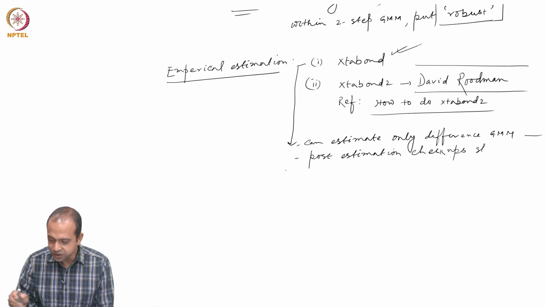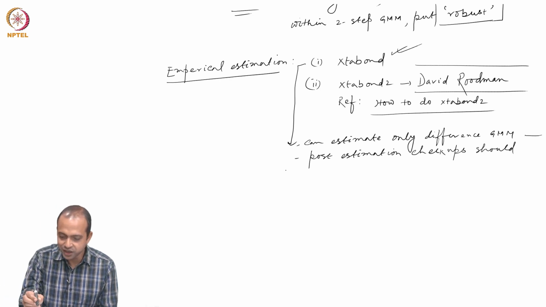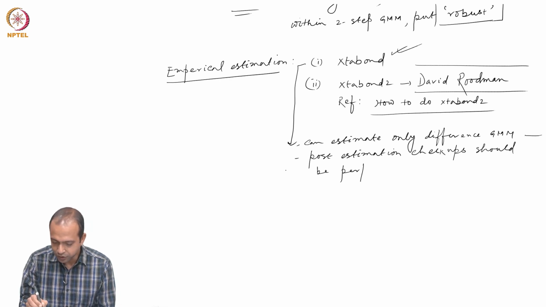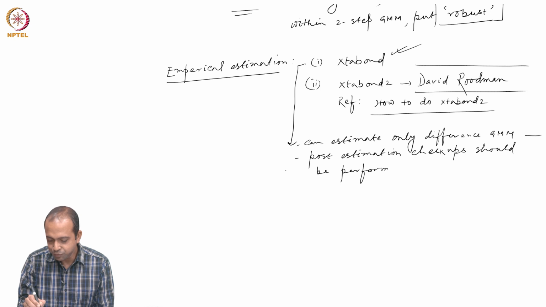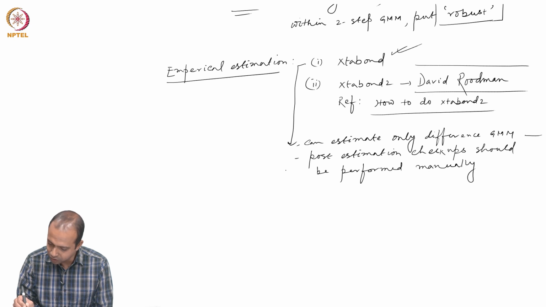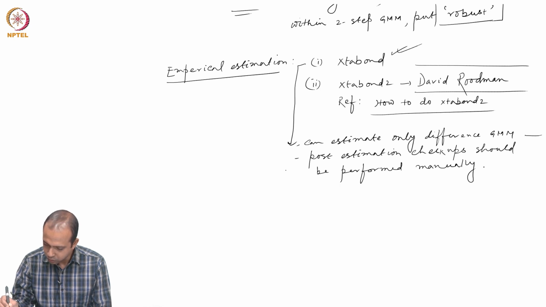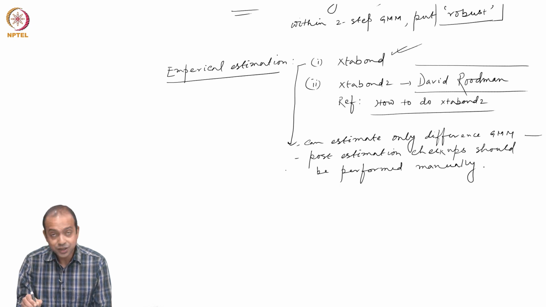AR2 should not be there, AR1 should be there, and over-identifying restrictions should be valid. But when we use xtabond2, the advantage is that, first of all, xtabond2 can estimate both difference as well as system GMM.